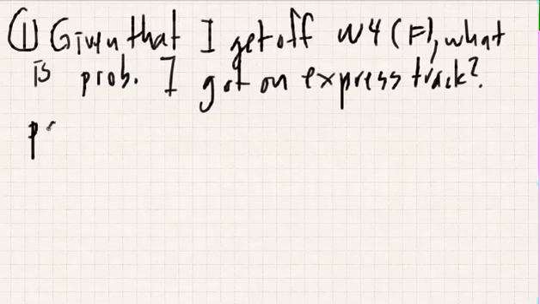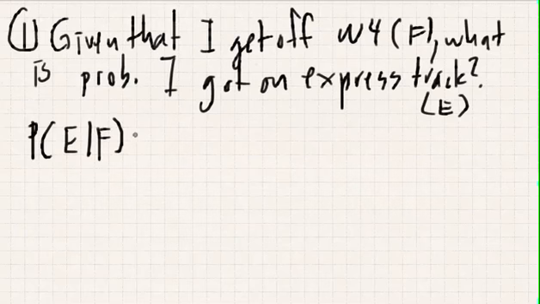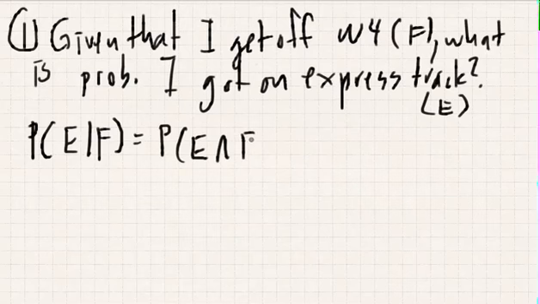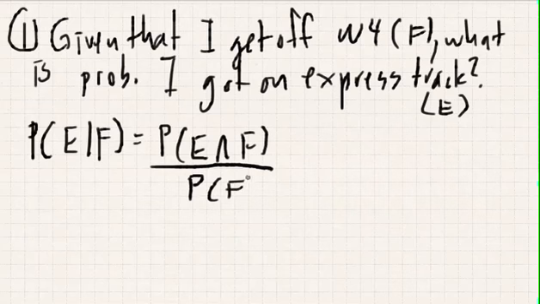This is the probability of E given F, and by definition, this is the probability of E intersected with F divided by the probability of F.